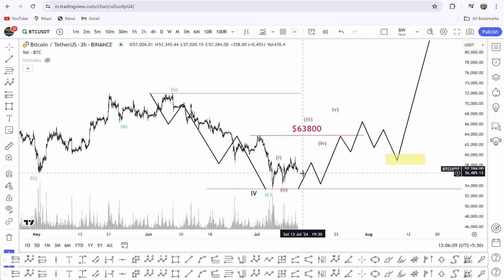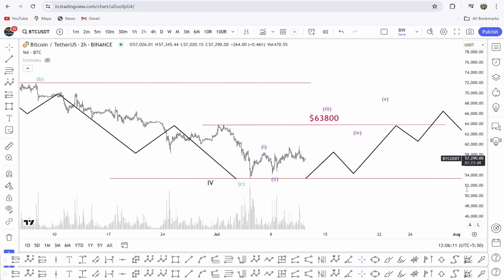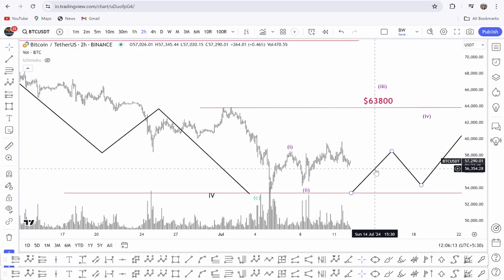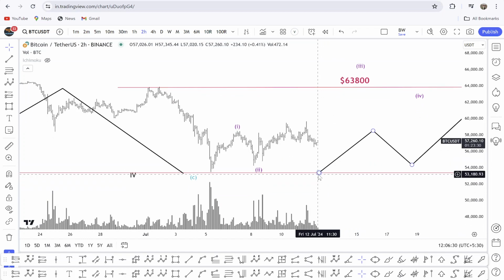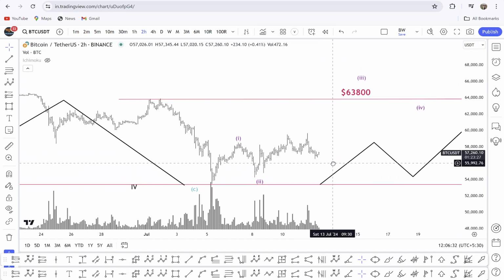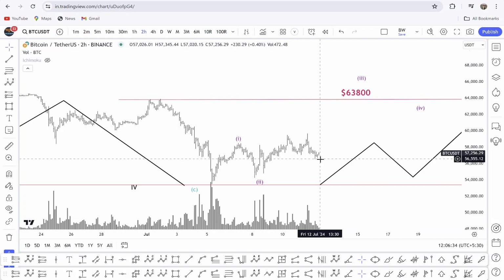You can enter either here, if you want to enter, take here with the small SL 56,400, or you can put SL at 53,300, which I think is a very long SL. So with small lot size you can enter here.